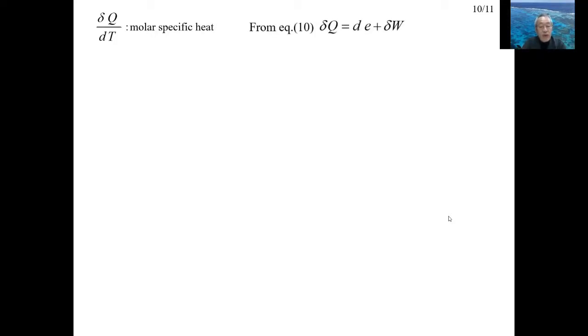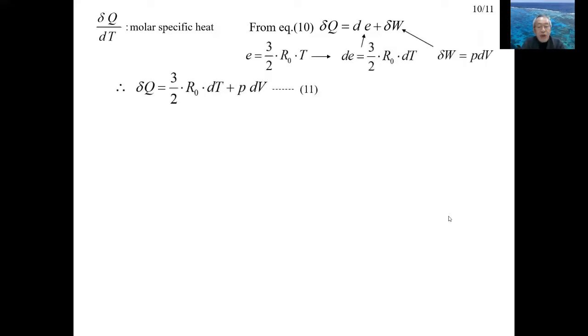If you move the term delta Q to the left-hand side of equation 10, it becomes the equation on the first line. Substituting the equation already obtained for internal energy dE and work delta W into the equation on the first line, delta Q can be expressed as equation 11.